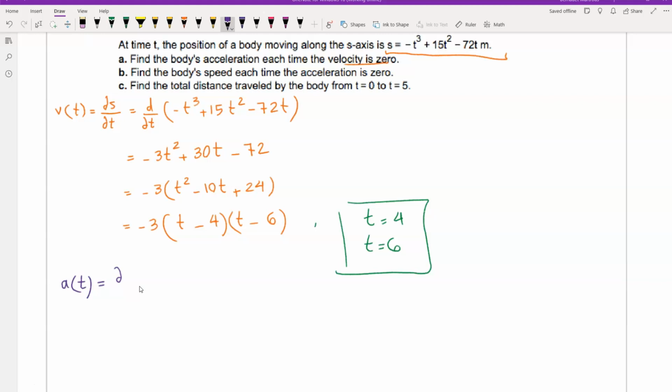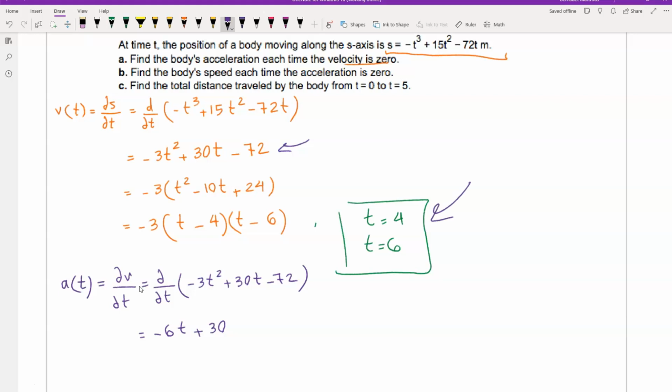So second derivative of our position with respect to time, or first derivative of velocity with respect to time. So here I have first derivative of velocity with respect to time. I'm using what we have here on that part. So that is equal to negative 6t plus 30. So this is what we have for acceleration.